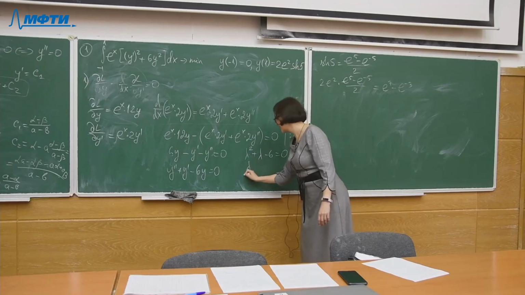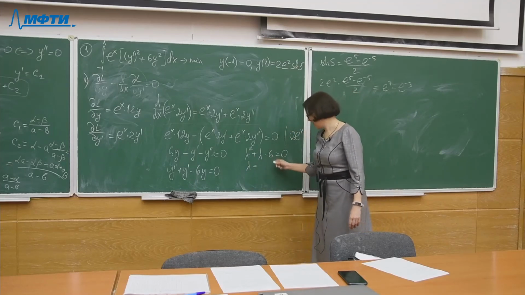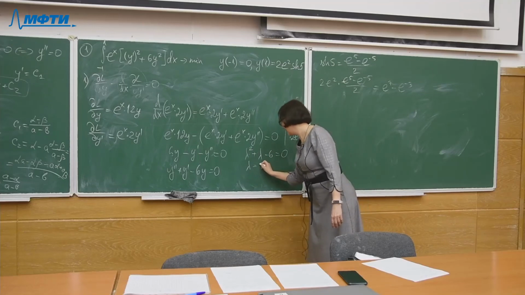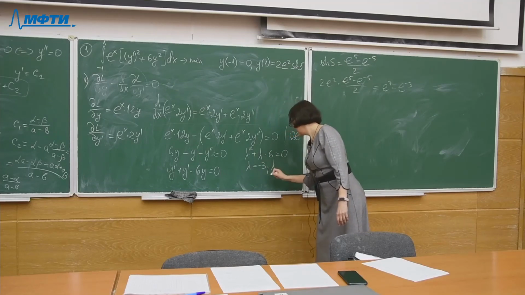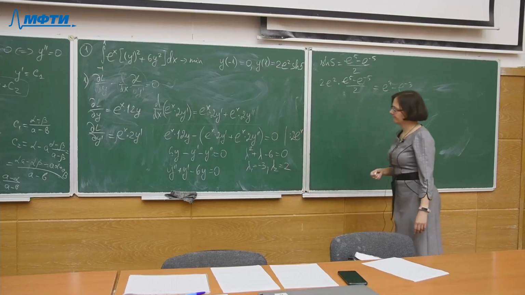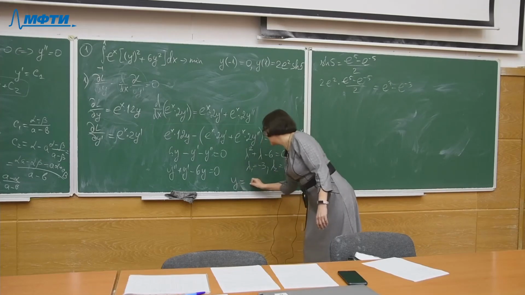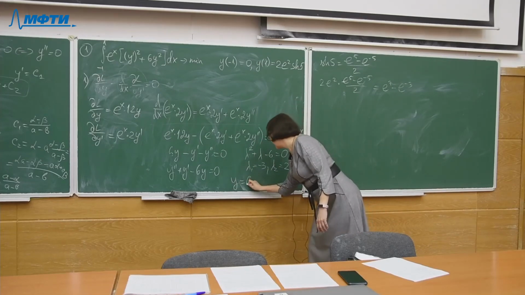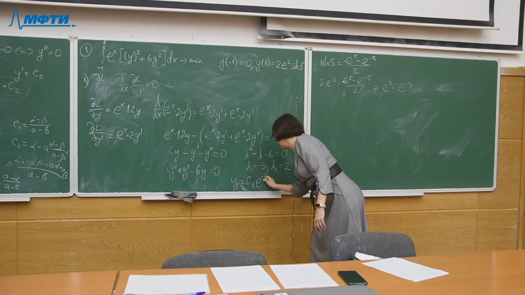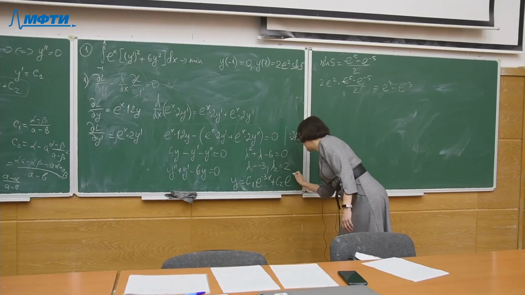And the roots? 3 and 2, so it will be negative 3 and 2. And so the general solution is y equals c1 e to the power negative 3x plus c2 e to the power 2x.